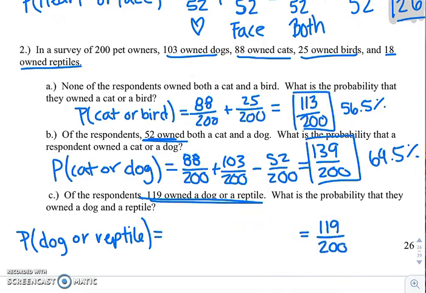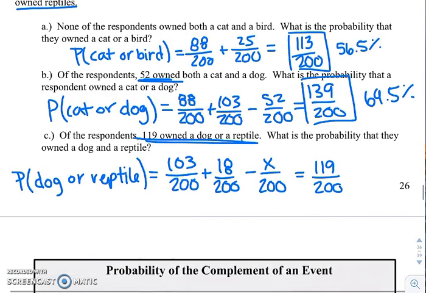So we're trying to find the overlap here. How many people had a dog? 103. How many people owned a reptile? 18. So those are ones that had one or the other. How many people had both? So how many out of that 200 had both a dog and a reptile?